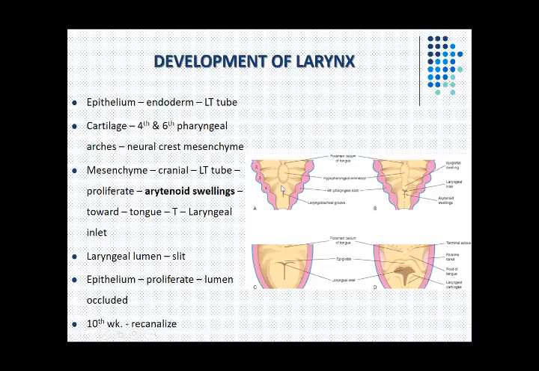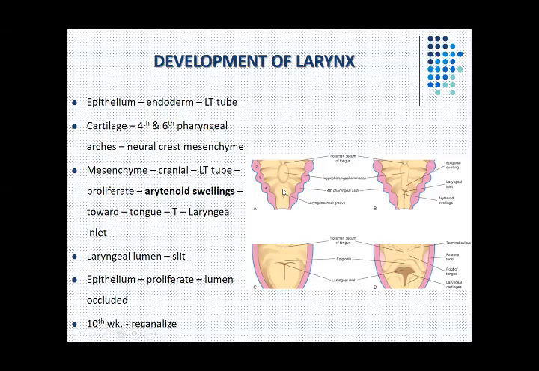This groove evaginated to form the laryngotracheal tube. As a result, this groove was an opening. It formed an opening between the inside of the pharynx and the laryngotracheal tube.